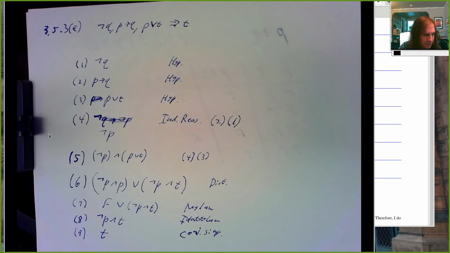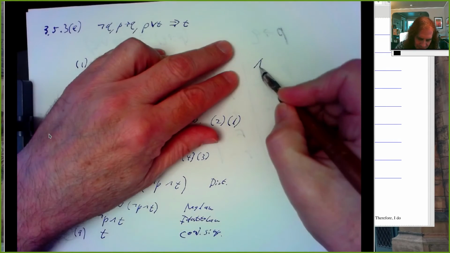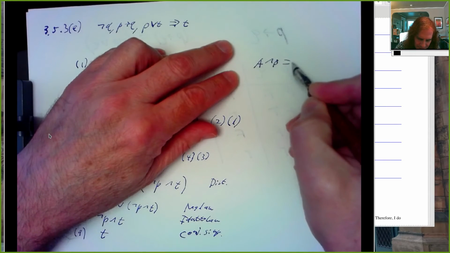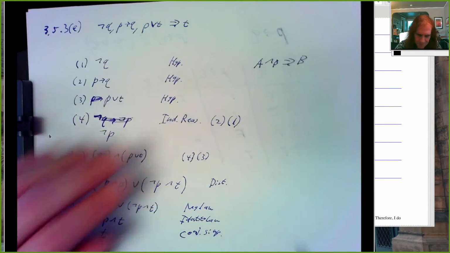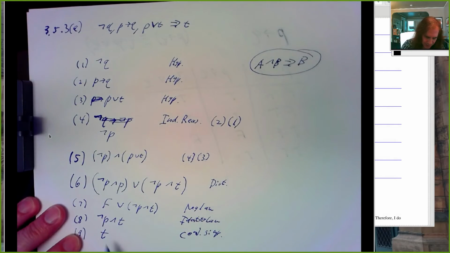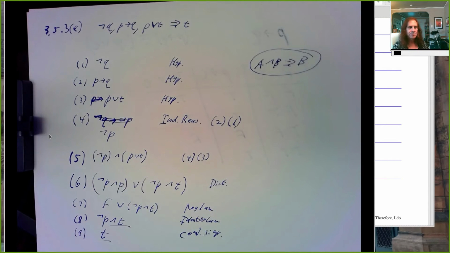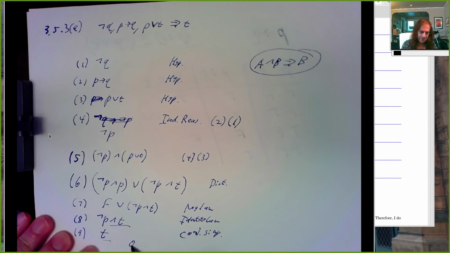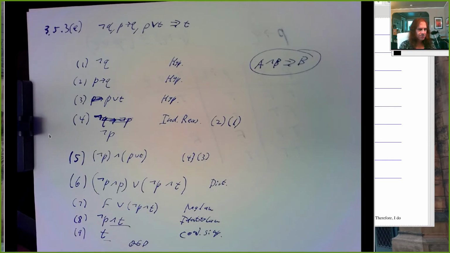So I could have written this as A and B gives you B. And that's the form of the rule that I'm using to turn that into that. Gotcha, so it's like a substitution. Yeah, it's a substitution, exactly. So that gives me T, which is what I was asked to show.